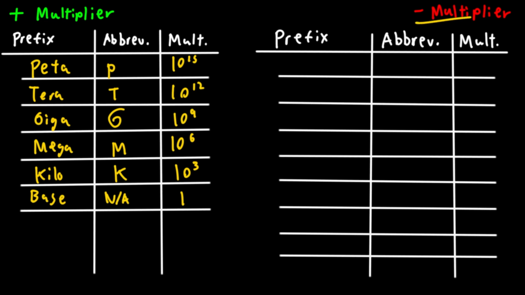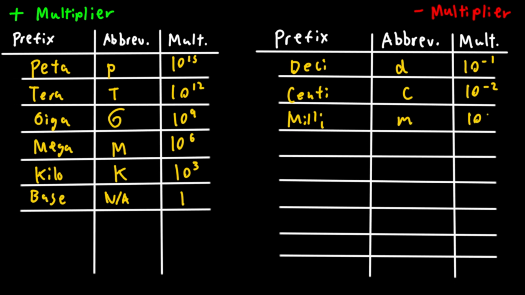Now let's move on to the negative multipliers. Deci is abbreviated as D and has a multiplier of 10 to the power of negative 1. Centi is abbreviated as C and has a 10 to the power of negative 2 multiplier. Milli is abbreviated as M and has a 10 to the power of negative 3 multiplier.